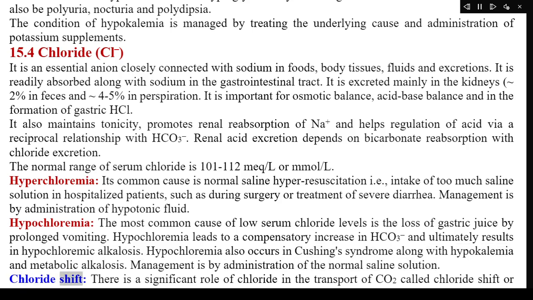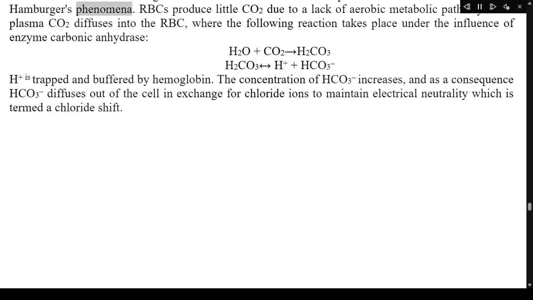Chloride shift. There is a significant role of chloride in the transport of CO2 called chloride shift or Hamburger's phenomenon. RBCs produce little CO2 due to a lack of aerobic metabolic pathways. The plasma CO2 diffuses into the RBC, where the following reaction takes place under the influence of enzyme carbonic anhydrase. H2O + CO2 → H2CO3.